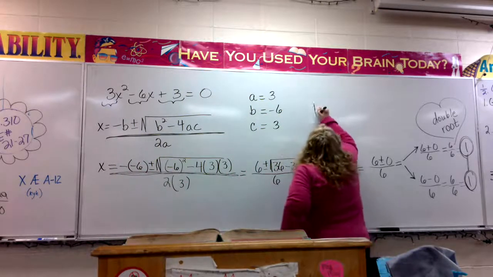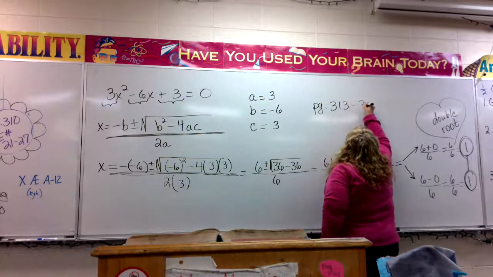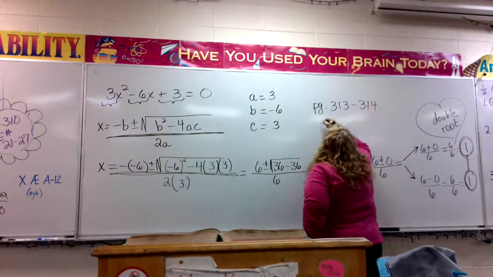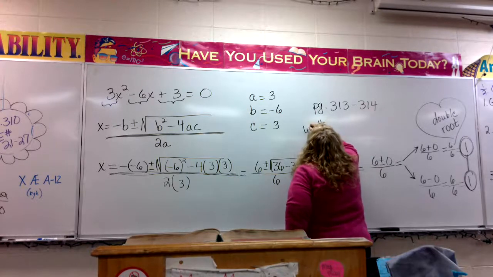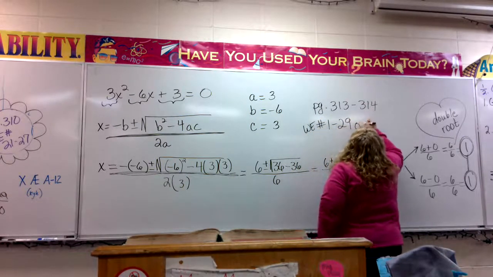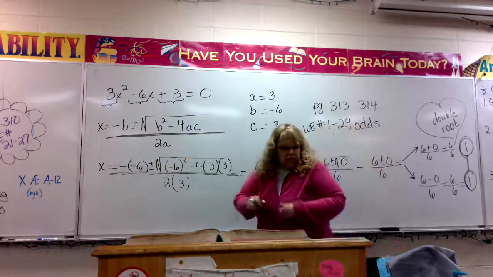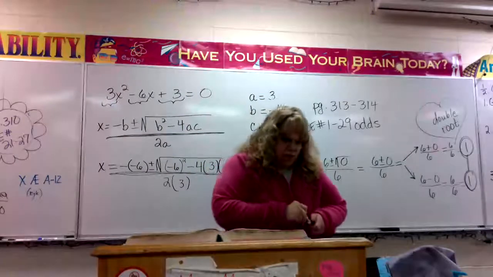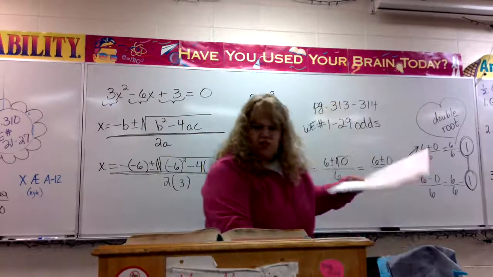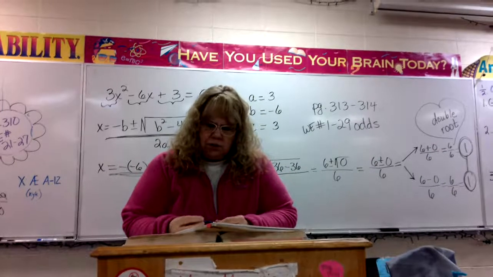Will you double check me? WE 1 to 29, just the odds today. Is that the right page? I got the wrong page in my official book.